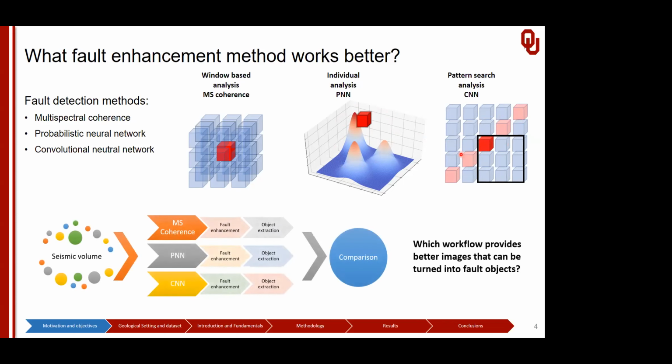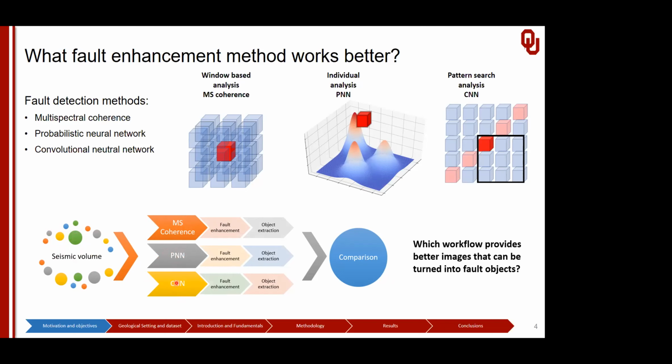In our case, the method that I am using here is convolutional neural networks. So this research analyzes an input volume and calculates three different fault probability volumes using multispectral coherence, probabilistic neural networks, and convolutional neural networks.